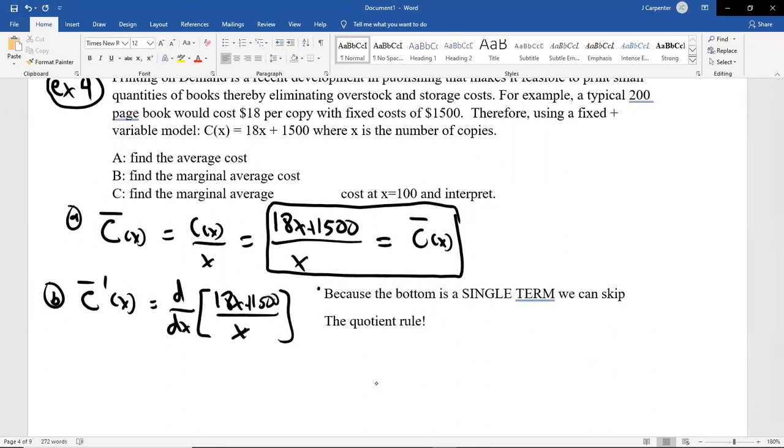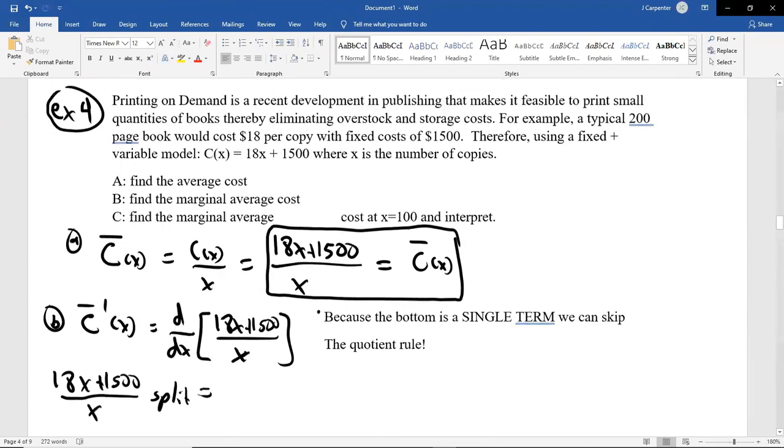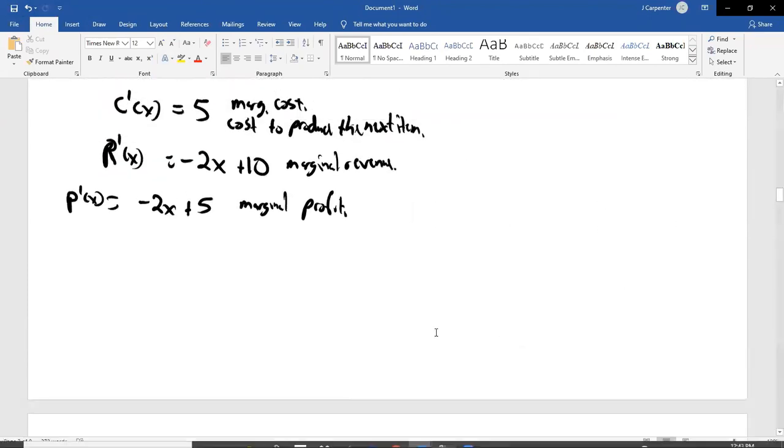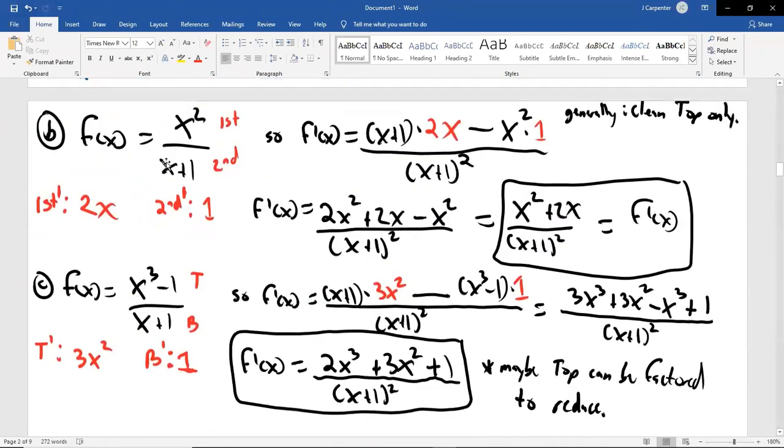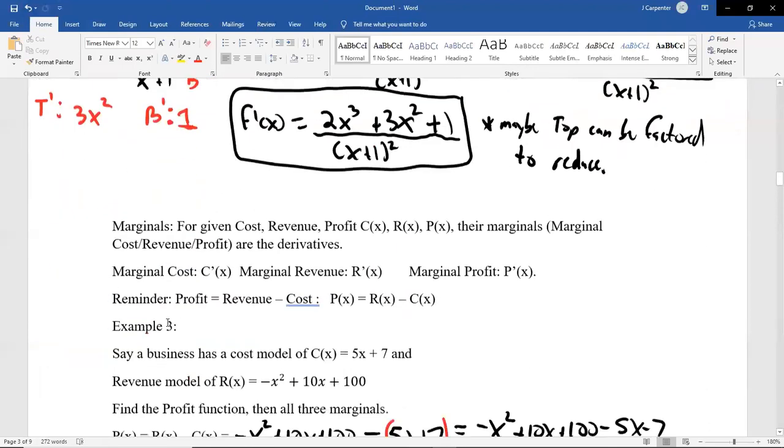So check this out. Before we go into the derivative stuff, 18x plus 1,500 over x. Let's split this up. You can only do this if the bottom has 1 term. If you go back to the previous examples where we did the quotient rule, 2 terms, got to do it.